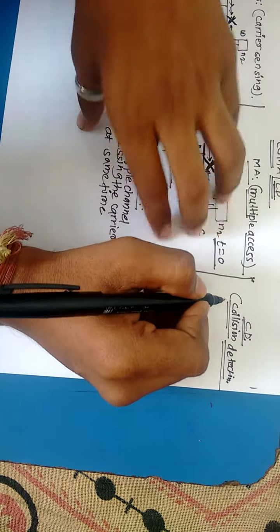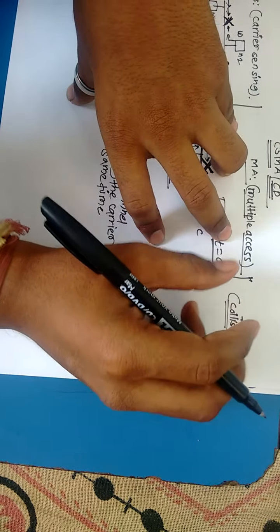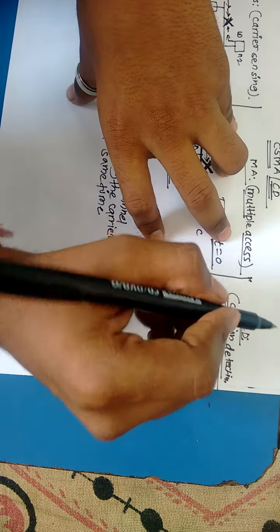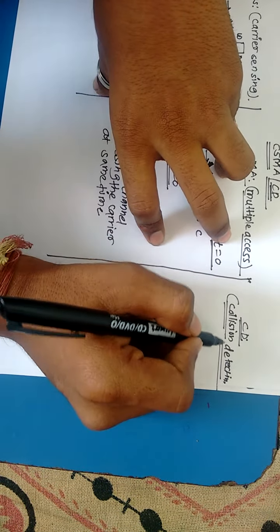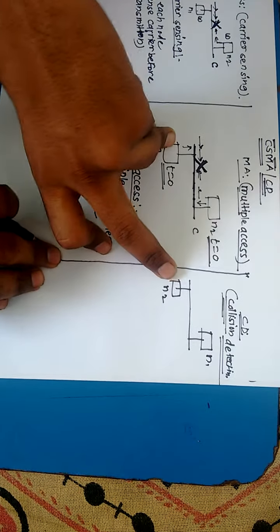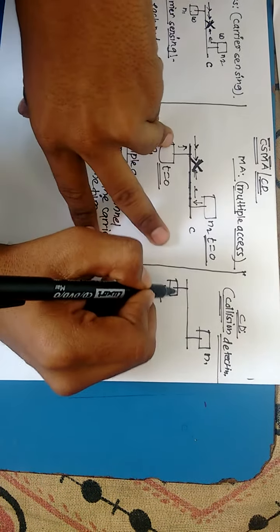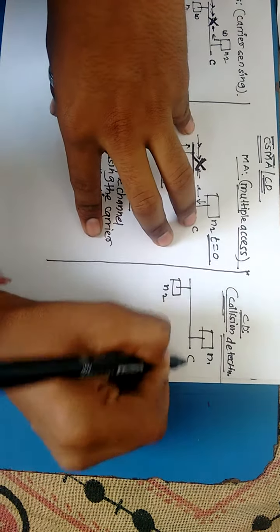We should have a mechanism to detect the collision and resolve it, so it is known as collision detection. Let's draw the diagram again. N1 and N2. What happens when both nodes transfer the data at the same time?